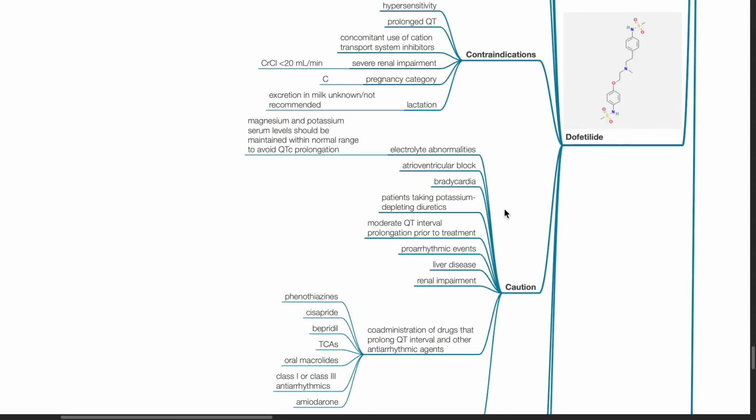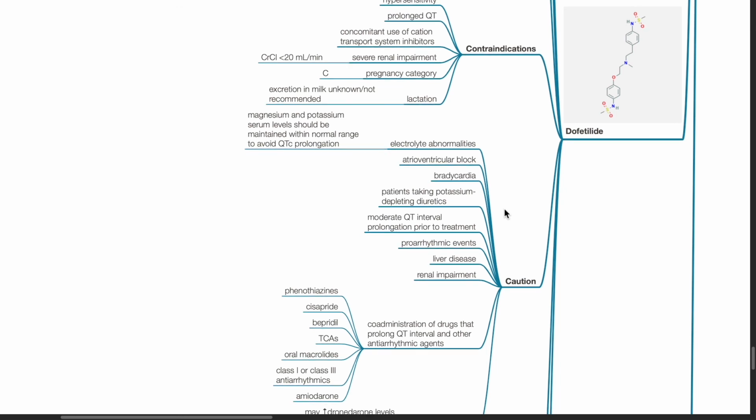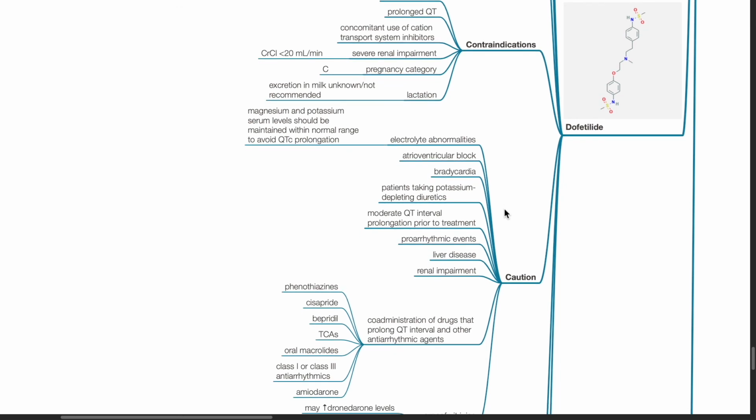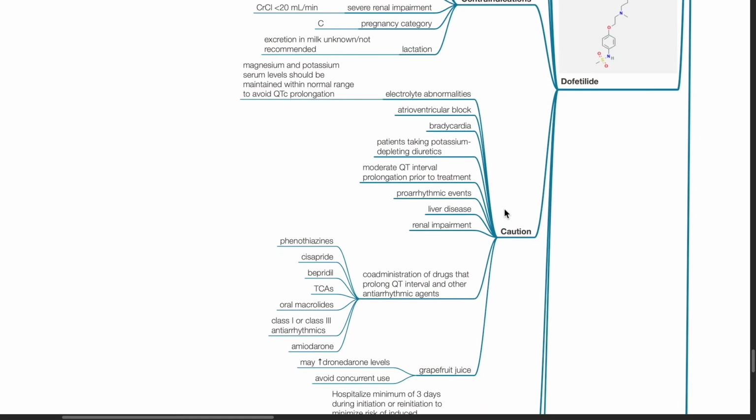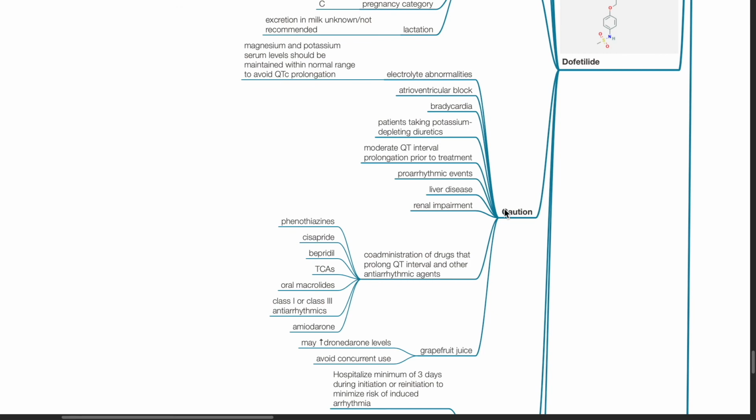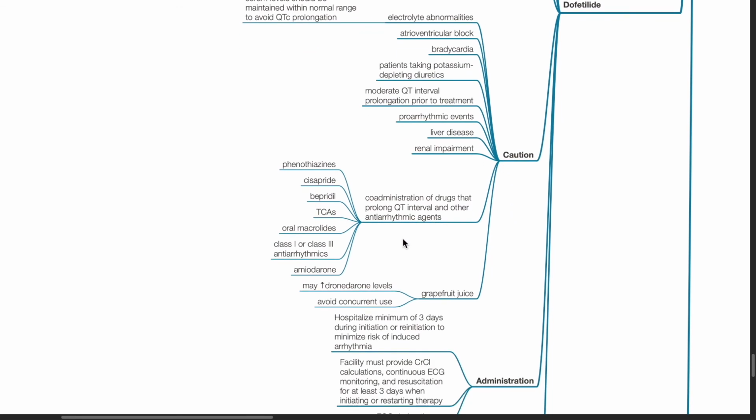Caution in electrolyte abnormalities, AV block, bradycardia, patients taking potassium-depleting diuretics, moderate QT prolongation, proarrhythmic events, liver or renal disease, co-administration of drugs that prolong QT interval and other antiarrhythmic agents, and grapefruit juice, which may increase dofetilide levels.